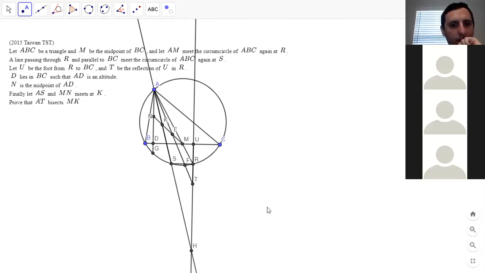Is that what I have to show? Or, no, HT over TR is MK over KN. And I wonder if those triangles are similar. So is AM similar to HRA? Oh, no, I don't think so, actually.